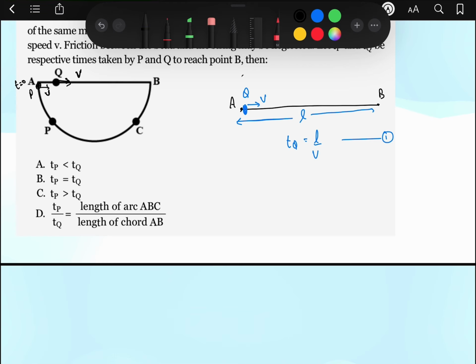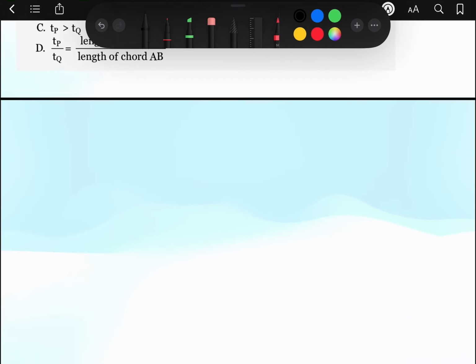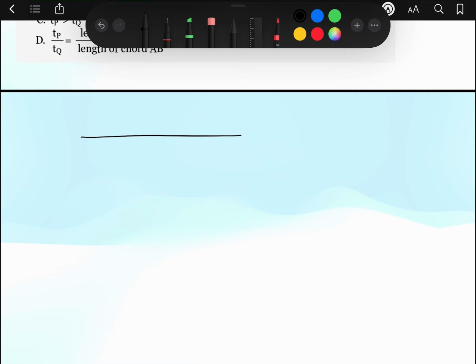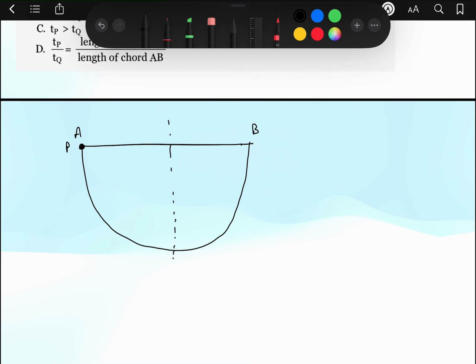Now the main point is to understand the analytical approach for this particle P. So this is our hemispherical bowl, and this is our point A, this is our point B, and let me divide it into two parts. Initially our P bead is here, and it has a horizontal component of velocity v in the right direction.